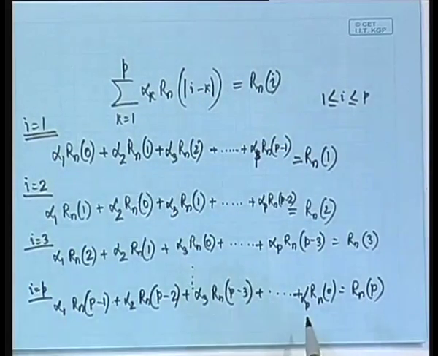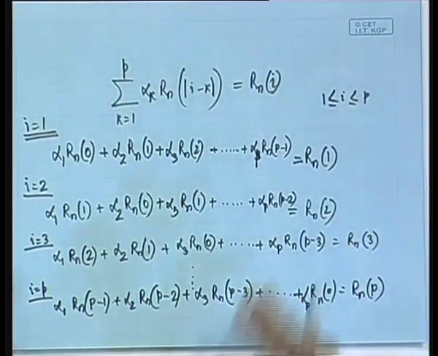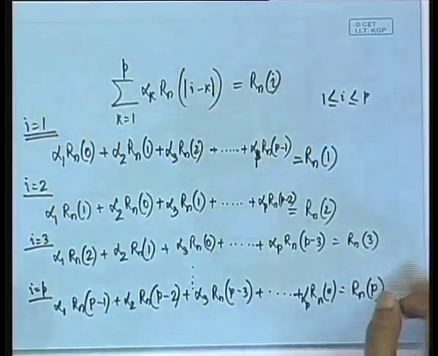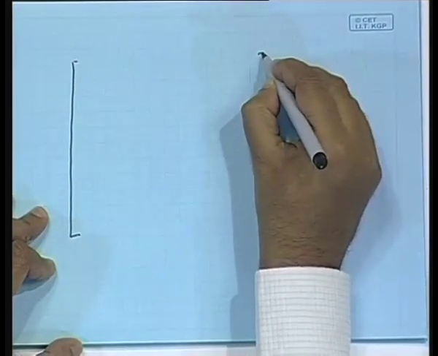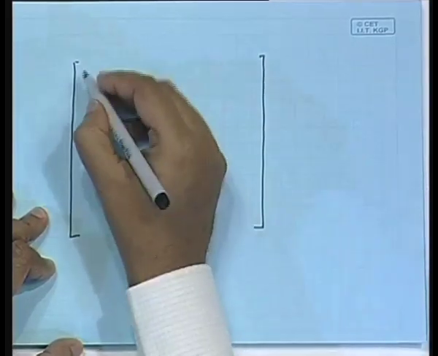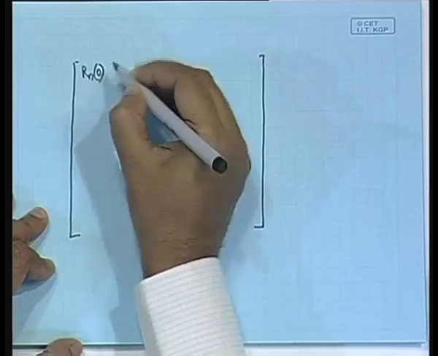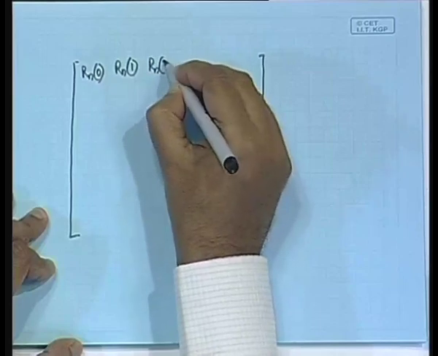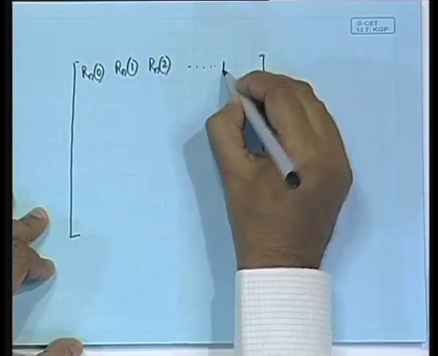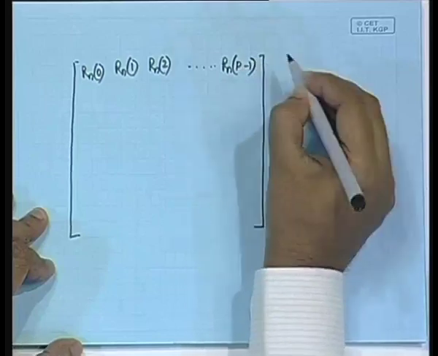So now we have got p equations. We have explicitly written down the p equations. As people have already noticed, it is going to be a matrix form of representation. So now let us represent this set of p equations into a matrix, and what results is something like this. We can write down a matrix, and this matrix will have elements Rn0, Rn1, Rn2 up to Rn p minus 1.